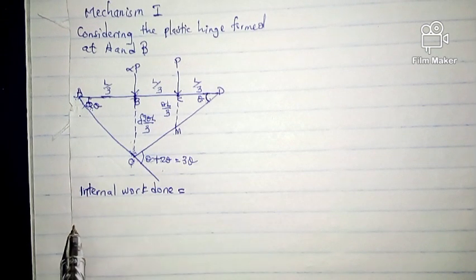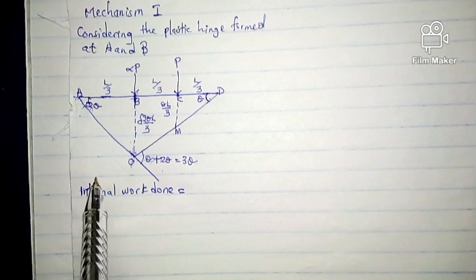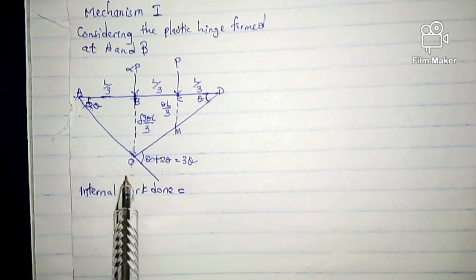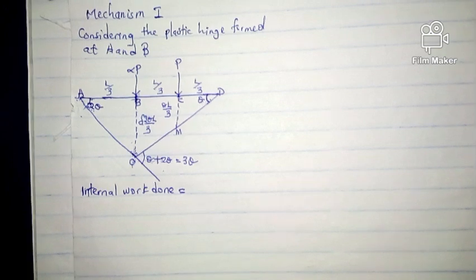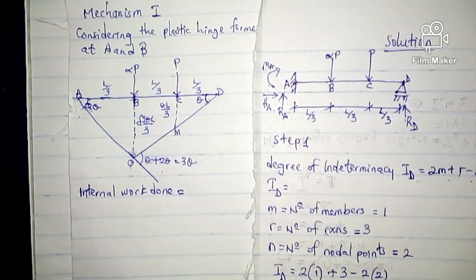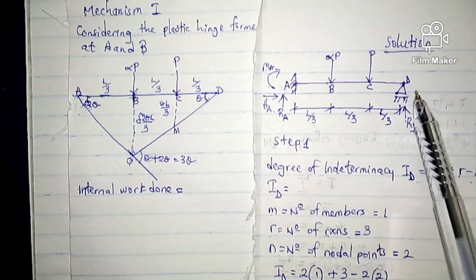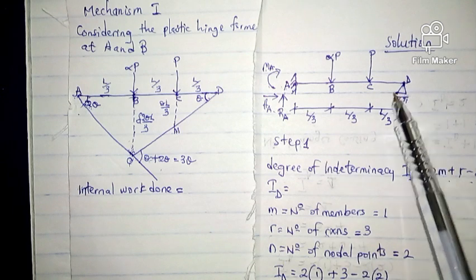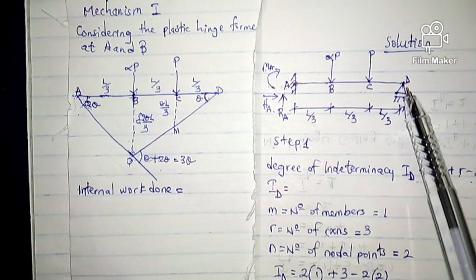But in this case, remember that the natural hinge exists at D. I told you earlier that in a propped cantilever, a natural hinge will always exist at this support.